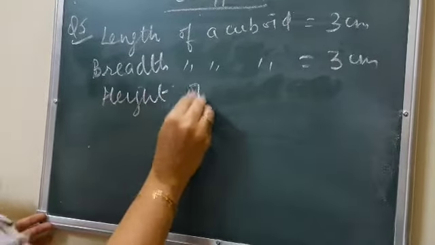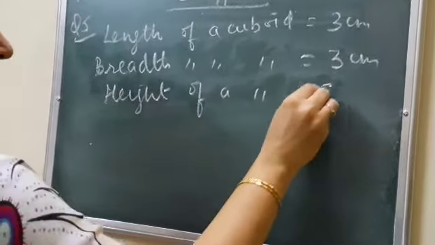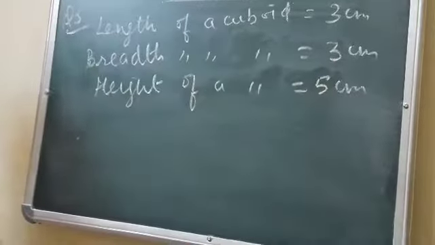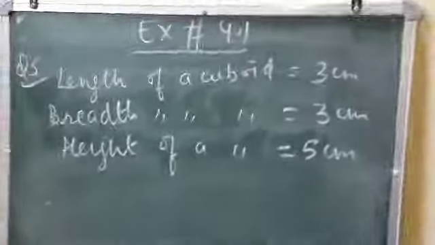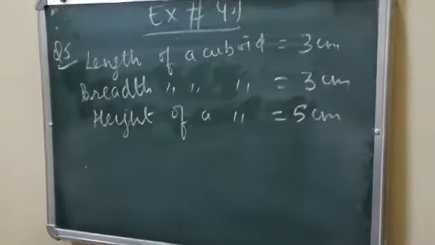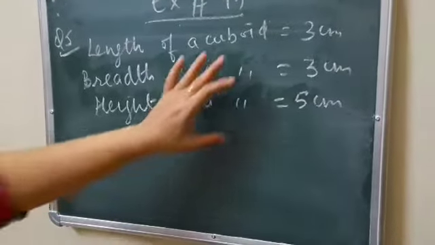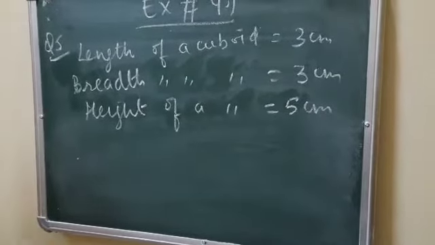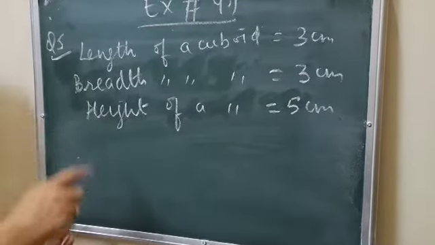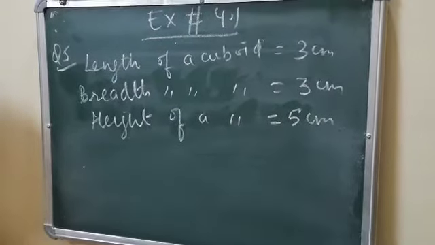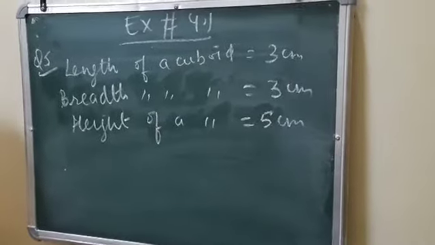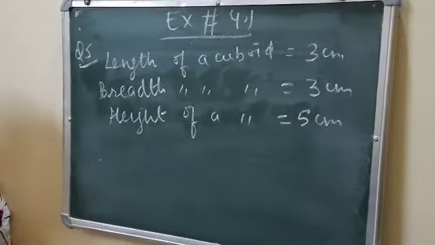This is given. A cuboid is there. Now you have to find how many cuboids will you need to form a cube. Now these are the dimensions of one cuboid, right? Now he is saying that if from these dimensions, like a cuboid of these dimensions, a cube is to be formed, then how many cuboids are required?